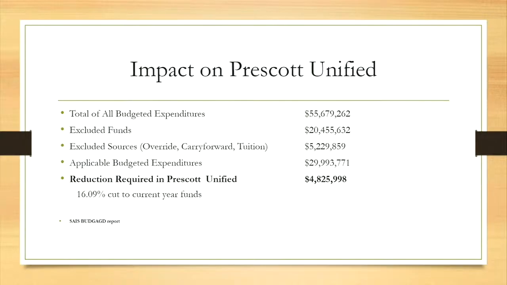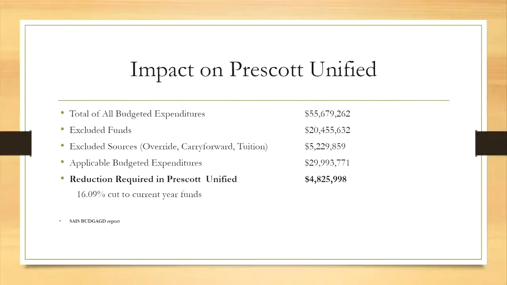We have sources that are also excluded, our override, our carry forward, and we do receive tuition from about 5-6 districts that are elementary only or transportation only districts. Those are excluded as well. So it's 29.9 million, I think, that we're held to for that aggregate spending limit, which is all of our M&O, all of our DAA, and all of our 301.